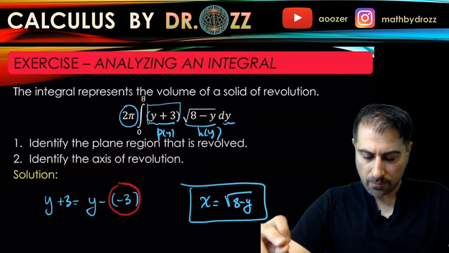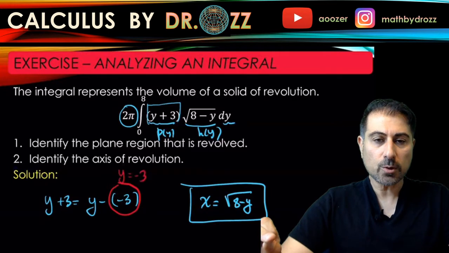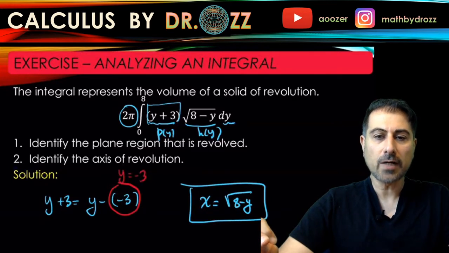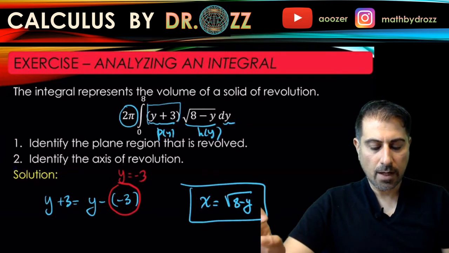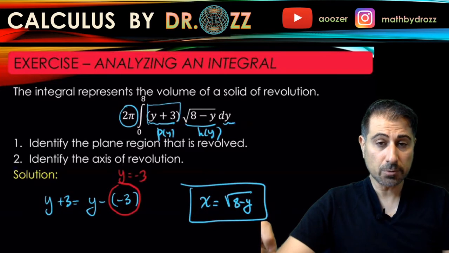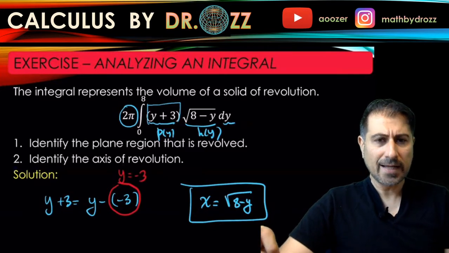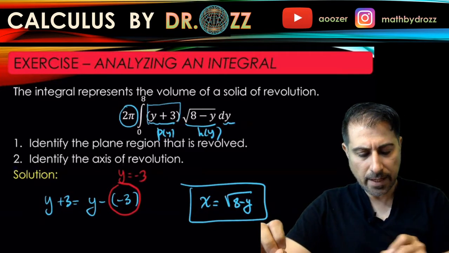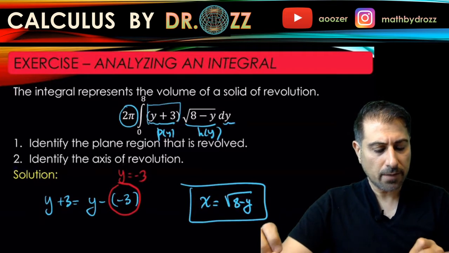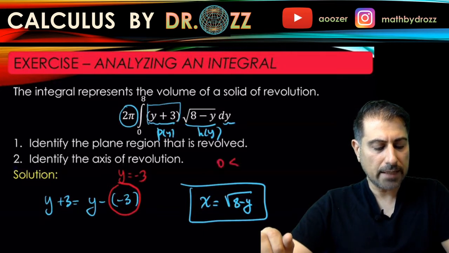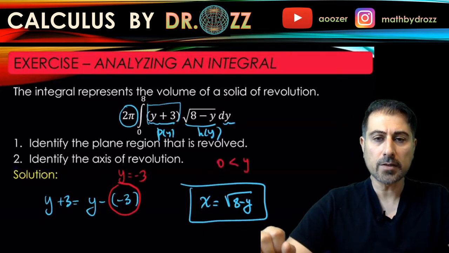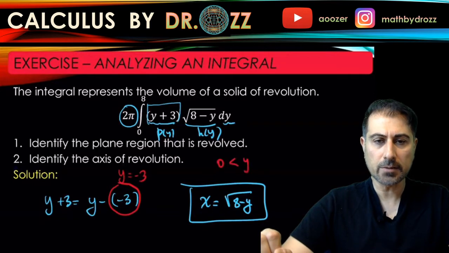So I think we should plot x equals radical 8 minus y and y equals -3 to see what the region looks like, with the axis of revolution y equals -3. The bounds for y would be 0 and 8, based on the given integral.